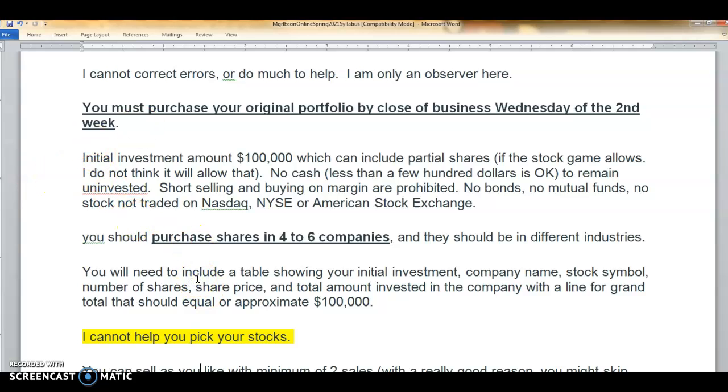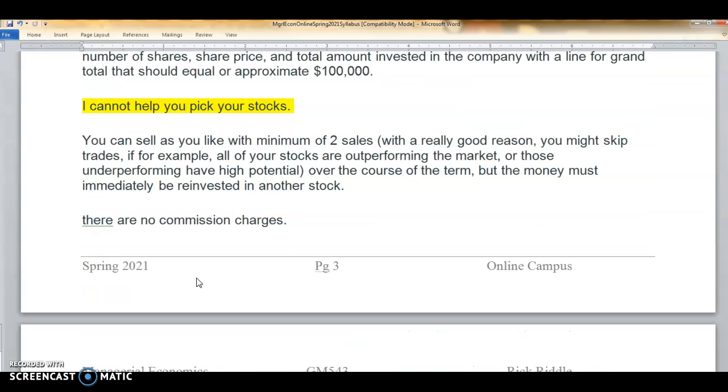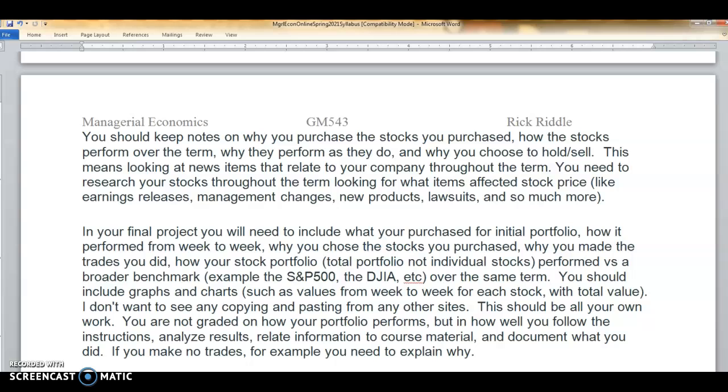I can't help you pick the stocks that you're picking. You're not going to be graded on how well the stocks actually do, but rather on how well you monitor how the stocks do, how well you compare them versus the broader market and your peers, and how good the notes are that you keep, analyzing what factors affected the value of the stocks themselves. So you need to keep track and keep notes.